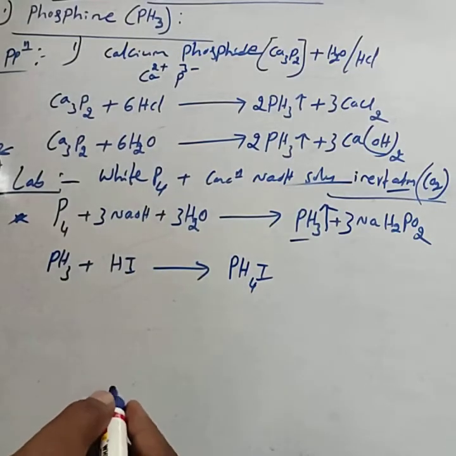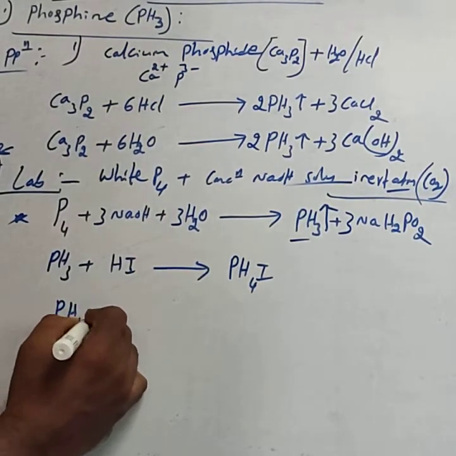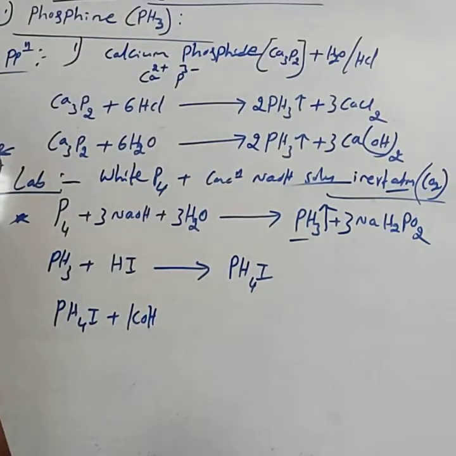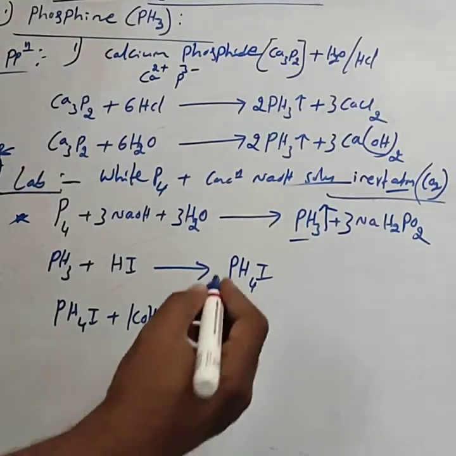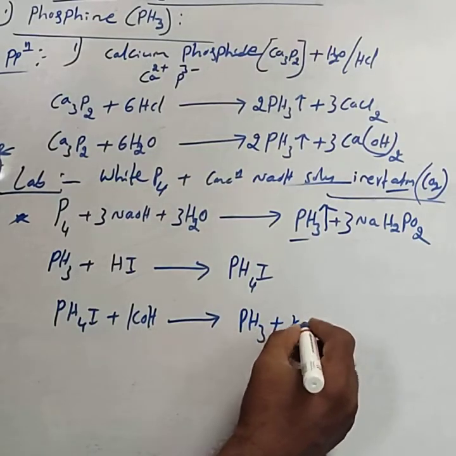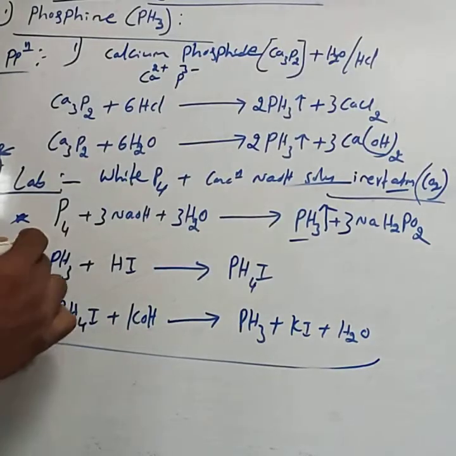The formed phosphonium iodide PH4I is then treated with KOH, which gives pure phosphine, PH3, KI, and water. This is the purification.